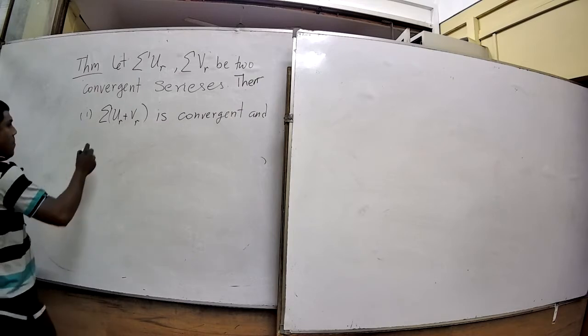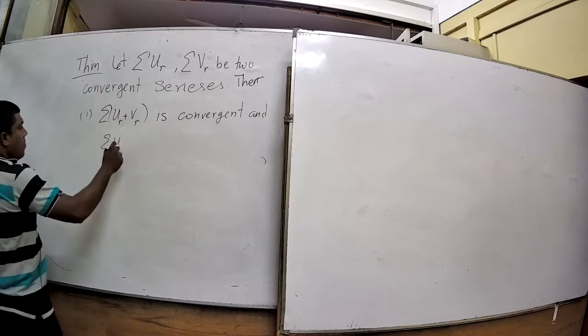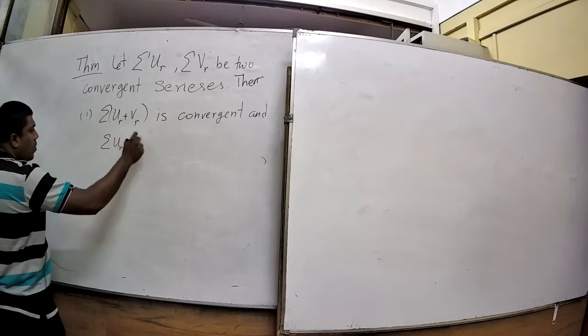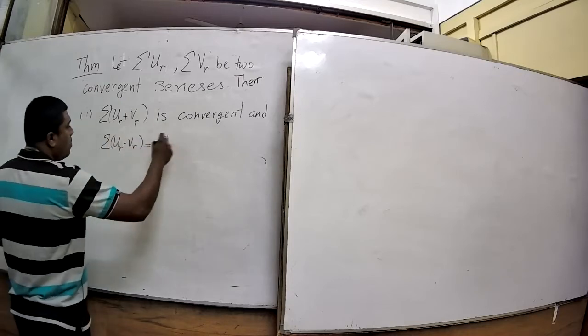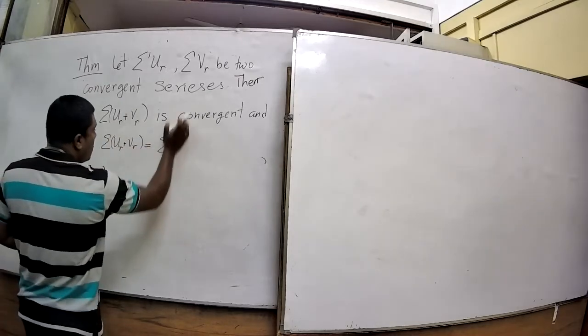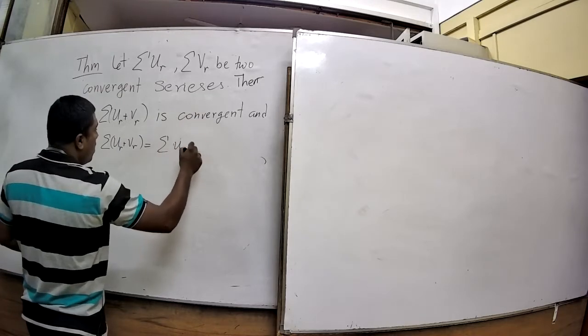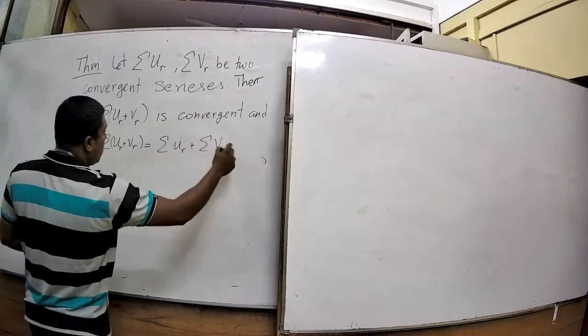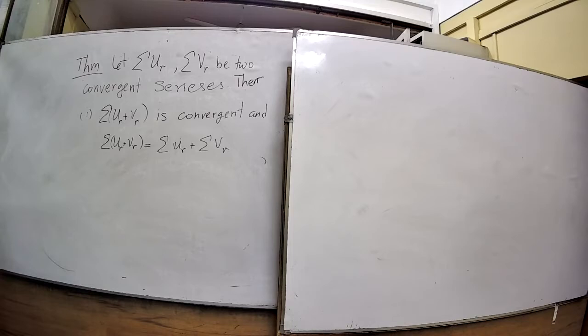At the same time, the sum of that series is the same as the sum of the individual series. So you can add two convergent series, and the addition also converges, and the sums of the series also add up together.